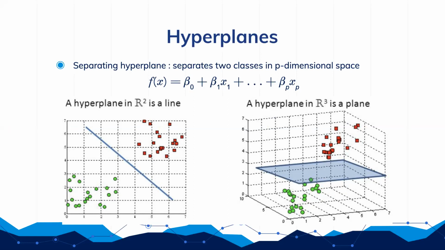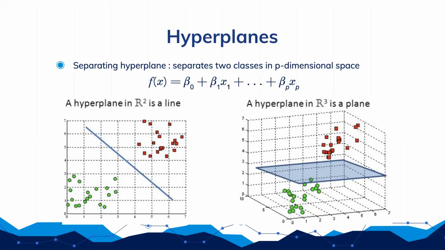If you just have two input variables, then you can just draw a line. If you have three, you can draw a plane, but you can extend this to any number of dimensions you want. A hyperplane exists in any number of dimensions. More than three, it's hard for us to visualize, but they still exist. So that's basically the main idea.